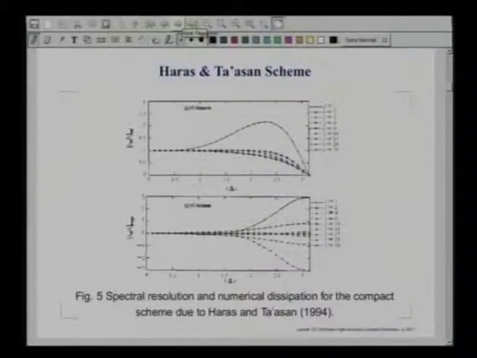The top part is showing the real quantity, that is exactly what we have seen earlier also. We want this to be equal to 1 for as large a range of k delta x as possible, and what we see for different j values is that we have different resolution.